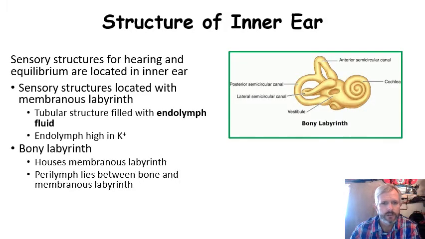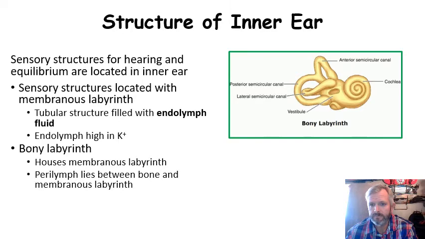So let's first look over the overall structure of what we call the inner ear, where our sensory organs are going to be housed for equilibrium and for hearing. If you remember from your anatomy days, we have this bony labyrinth located in the temporal portion of the skull.